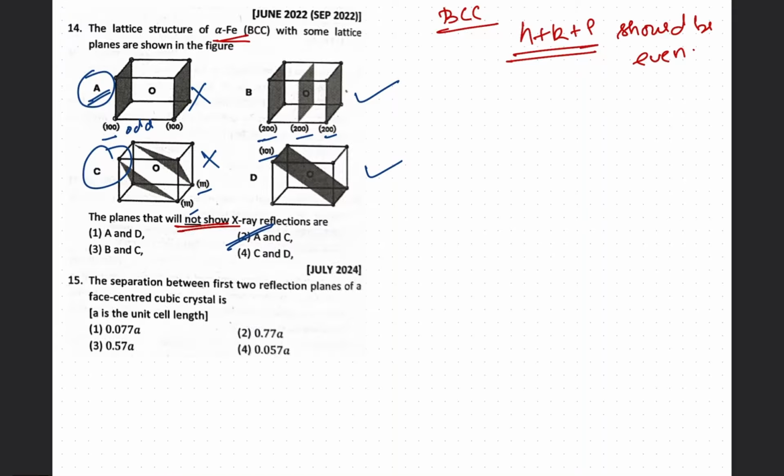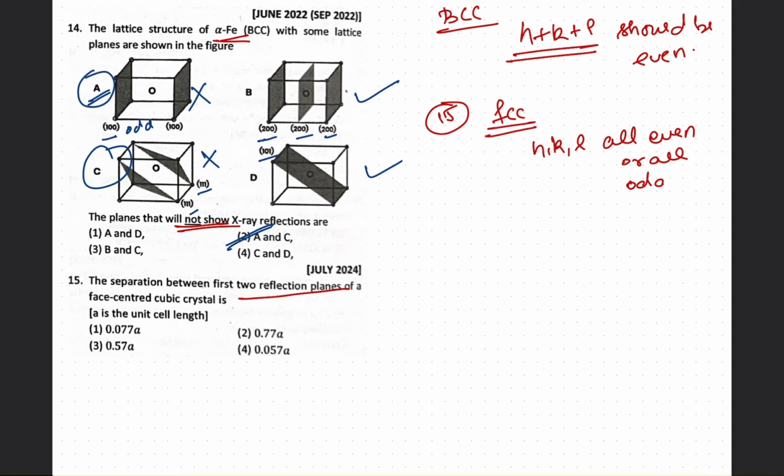Then the separation between the first two reflection planes of a face centered cubic crystal is asked. In FCC the rule is that HKL should be all even or all odd. Now they are asking for the first two planes.